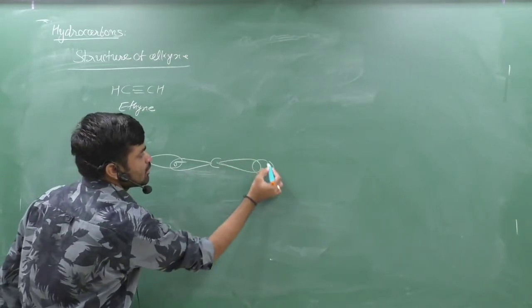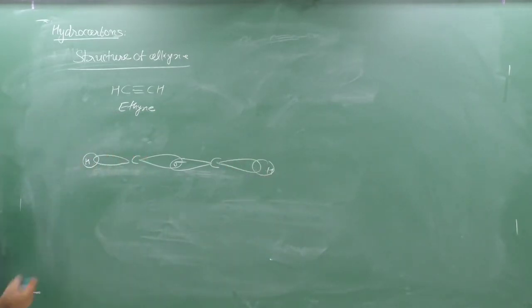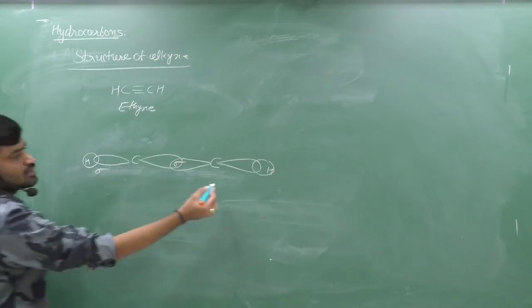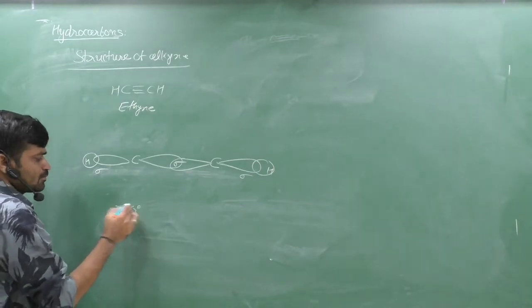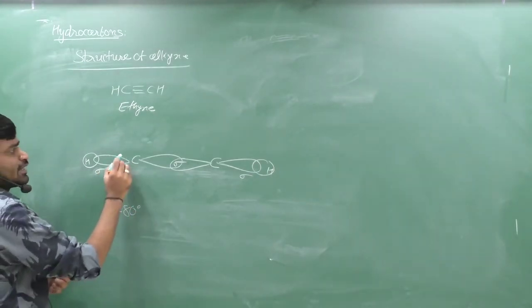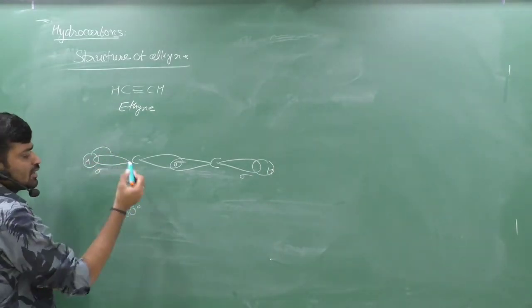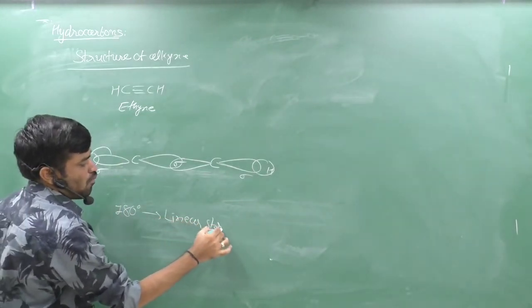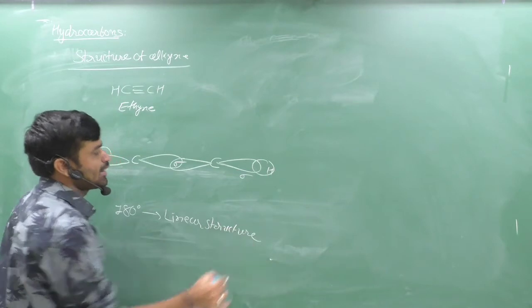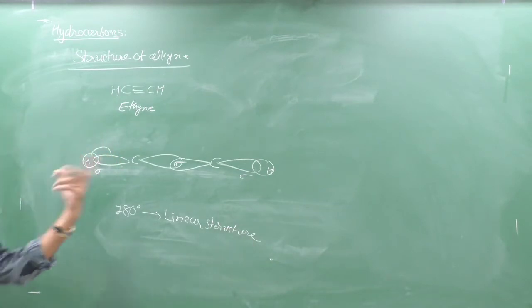It is a p orbital of carbon. It is hydrogen. It is also a sigma bond. And these bond angles are 180 degrees. Clear? So we can say that it is a linear structure. Bond angles are 180 degrees.